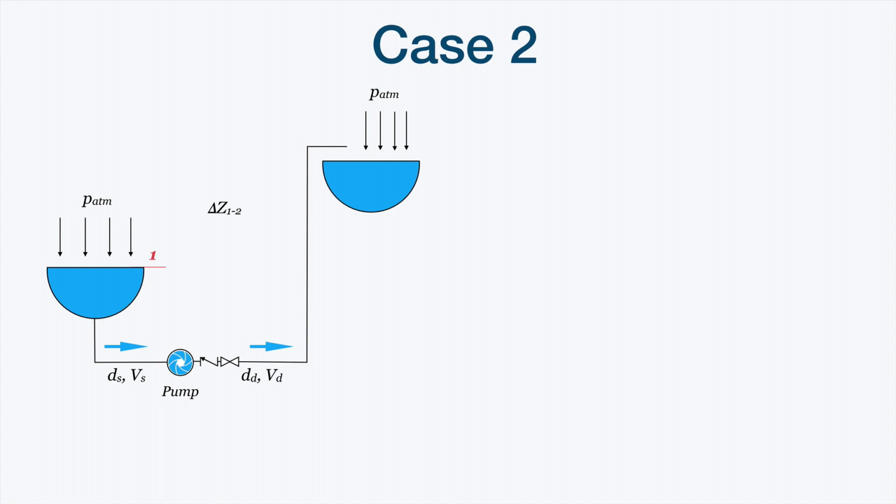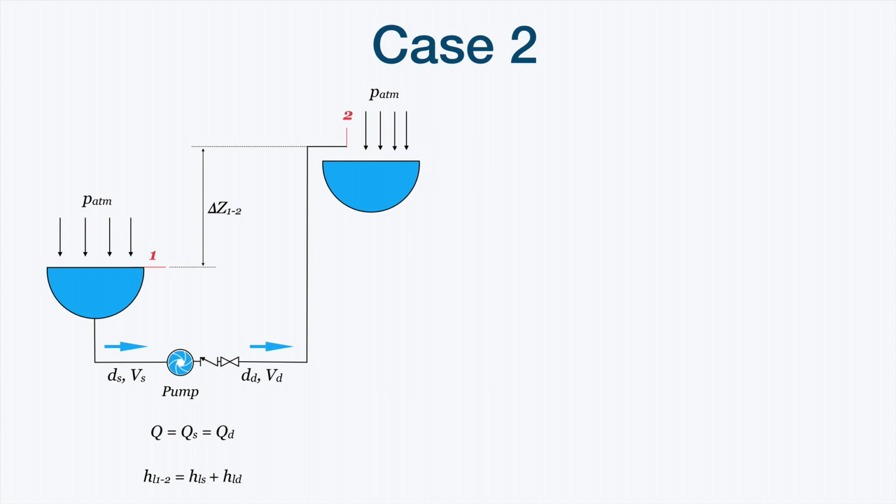So what is the static head, the geodetic head that we should consider in this case? The section 2 is located above the liquid surface. So this will now be the difference in geodetic head between the discharge section and the suction section, the initial section, let's say.